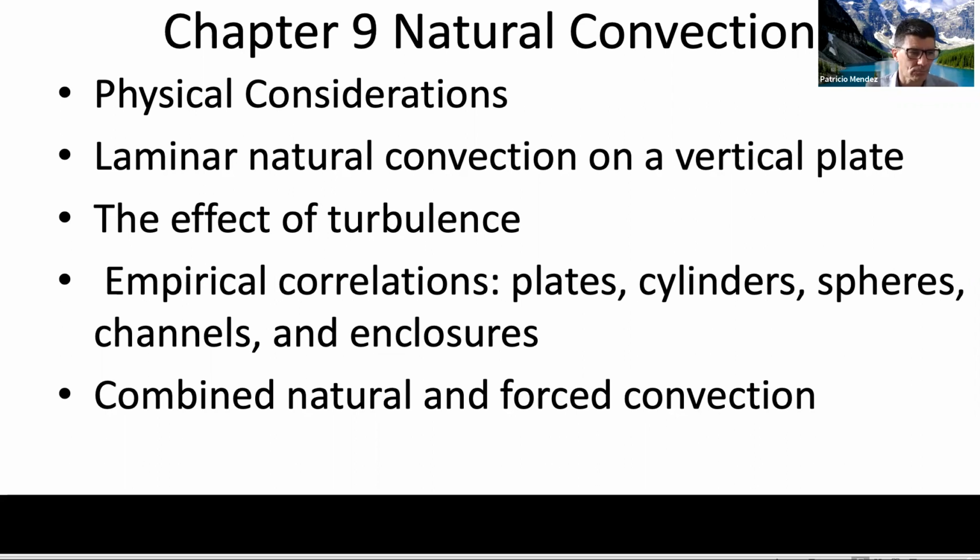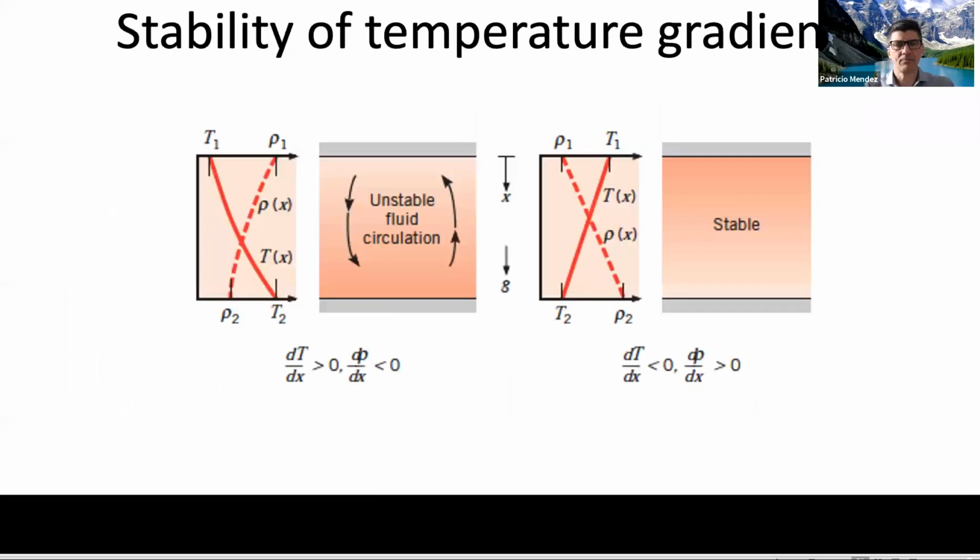So let's see a little bit about the origin of natural convection. Let's say we have a fluid that is trapped between two horizontal plates. Although this is an idealization, something similar to this is what happens in the atmosphere or in water on many occasions.